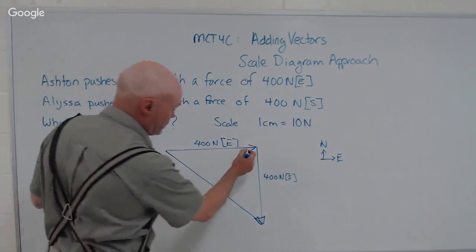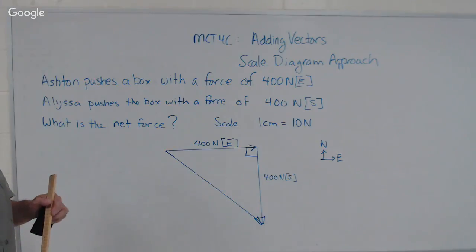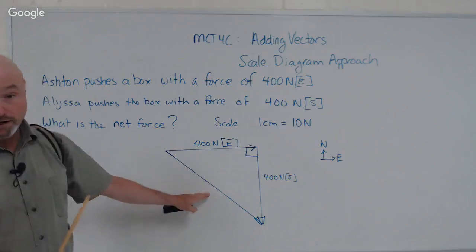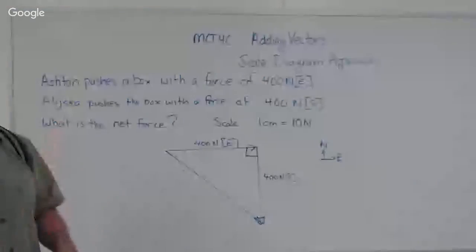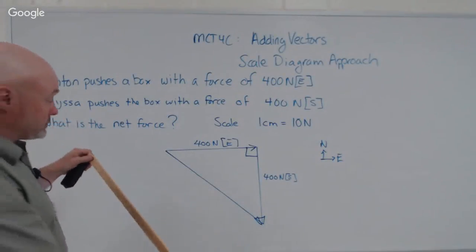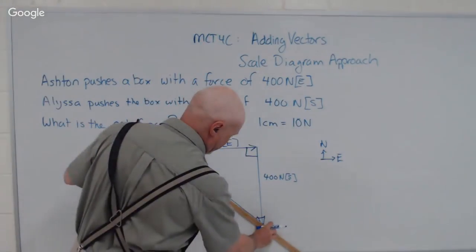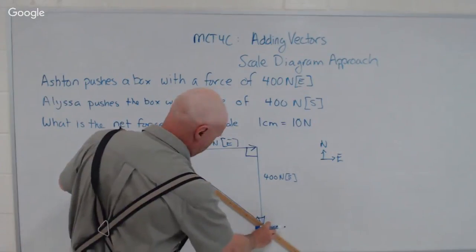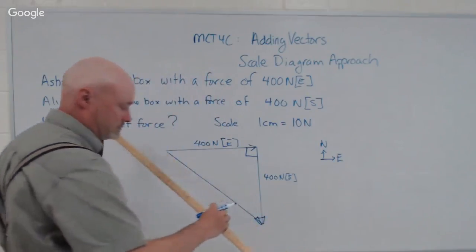Now, we have the good fortune of these being at 90 degrees to each other. And so if I really wanted to be accurate, I could use the Pythagorean theorem to find out what the magnitude of that net force is. But that sounds like extra work. What I'm going to do instead, I'm going to take my meter stick and I'm just going to measure it. And it's about 59 centimeters in length.